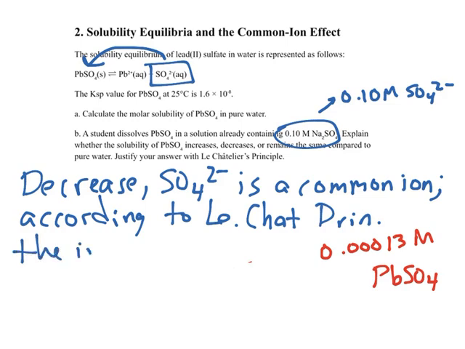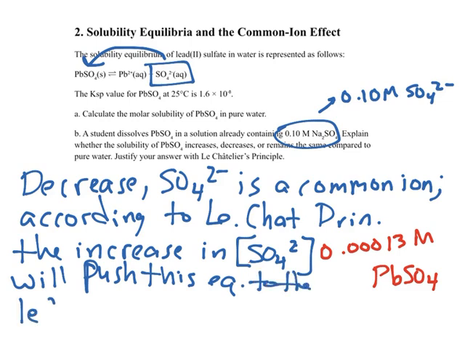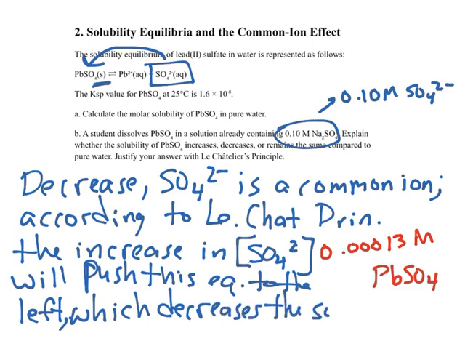The increase in the concentration of the SO4 2- will push this equilibrium, my handwriting's getting bad, I'm sorry, to the left, which is indeed the solid salt, which decreases the solubility of that salt.